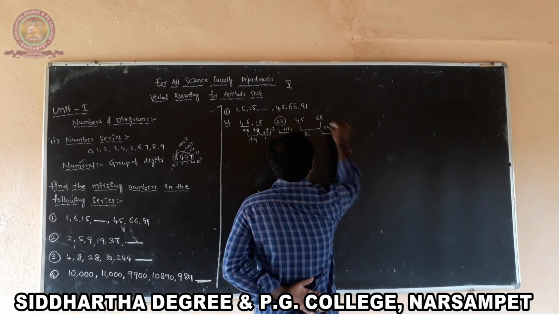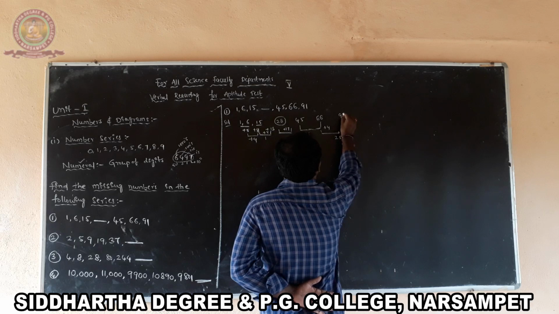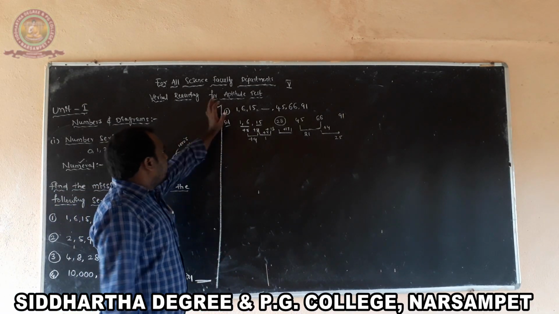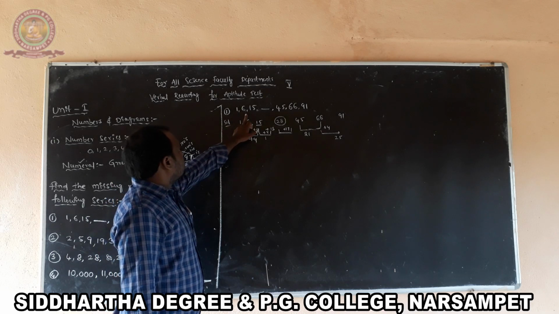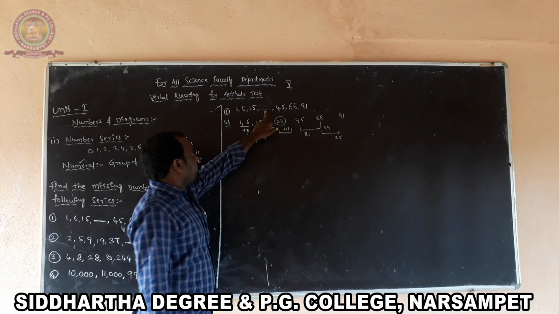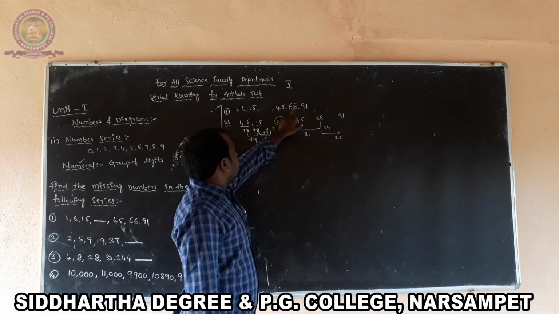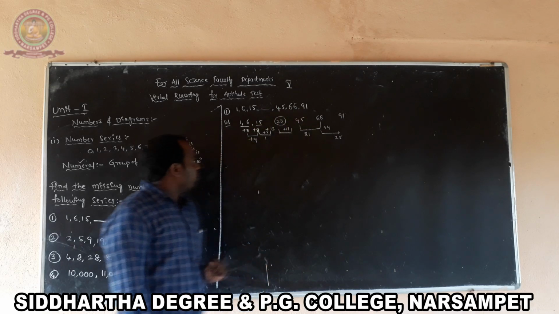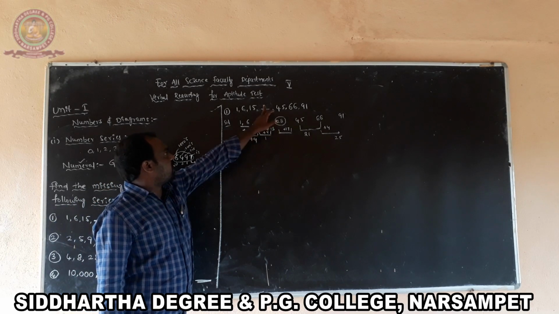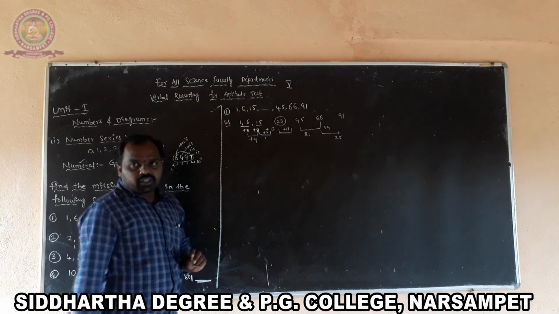So adding 25 to 66, we get 91. Right? So once again, the series is 1, 6, 15, the empty space, then 45, 66, 91. For this series, we can find the value of the missing term.